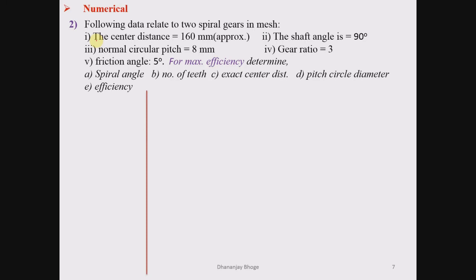Normal circular pitch is 8 millimeters. Gear ratio is 3. Friction angle is 5 degrees. For maximum efficiency, this is the condition based on which you have to solve the problem. For maximum efficiency, you have to determine the spiral angle, number of teeth, exact center distance, pitch circle diameter, and efficiency.